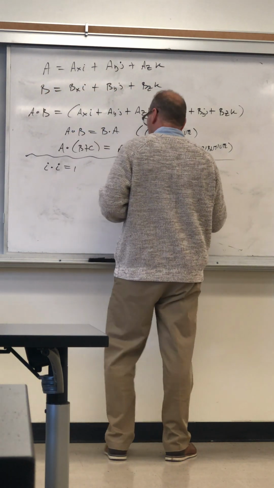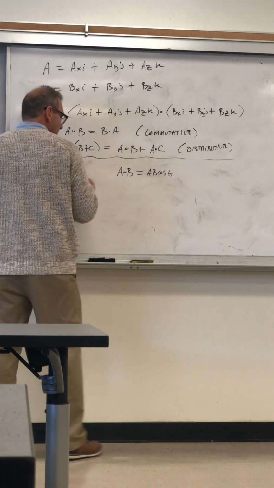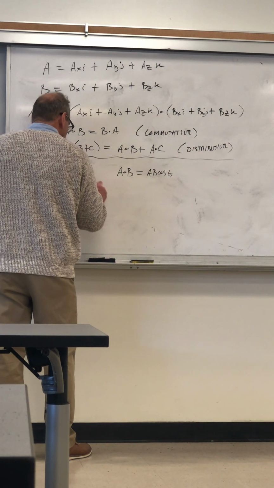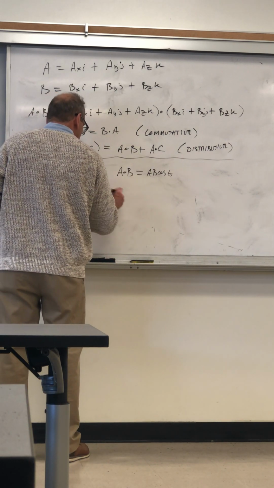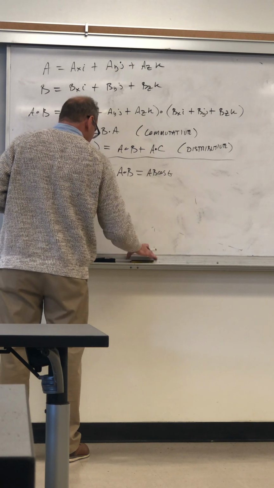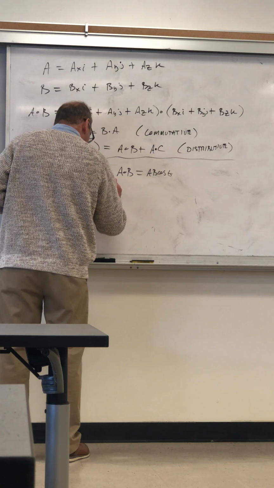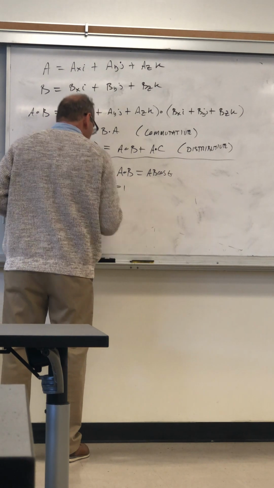So here we have theta is 0 degrees. So cosine of theta is, let's just say cosine of 0 is 1.